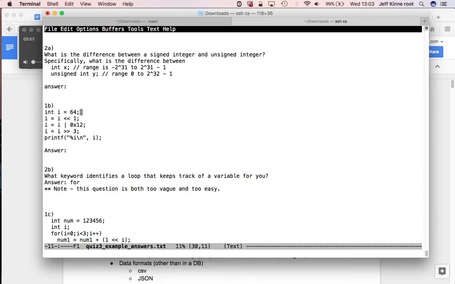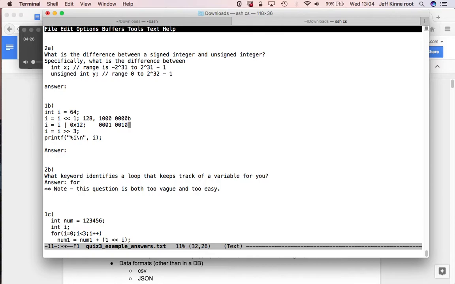All right, let's see this one. I shift left it by 1, it multiplies by 2, so that's 128. We're going to do some bit ORing. So in binary, this is 1 0 0 0 0 0 0 0 in binary, and then we're going to OR in 0x112, so that would be 0 0 0 1 0 0 1 0.